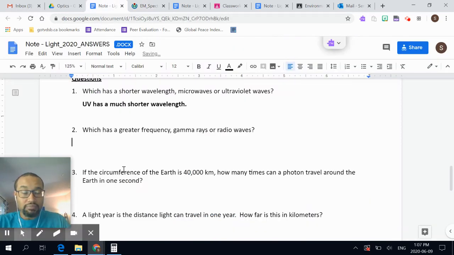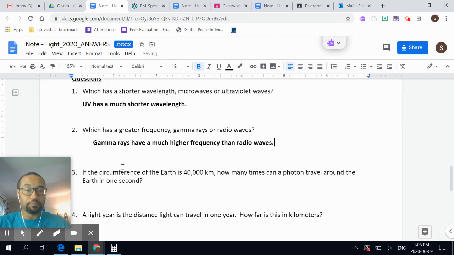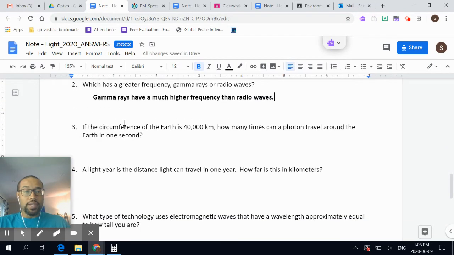So let's say that. Gamma rays have a much higher frequency than radio waves.